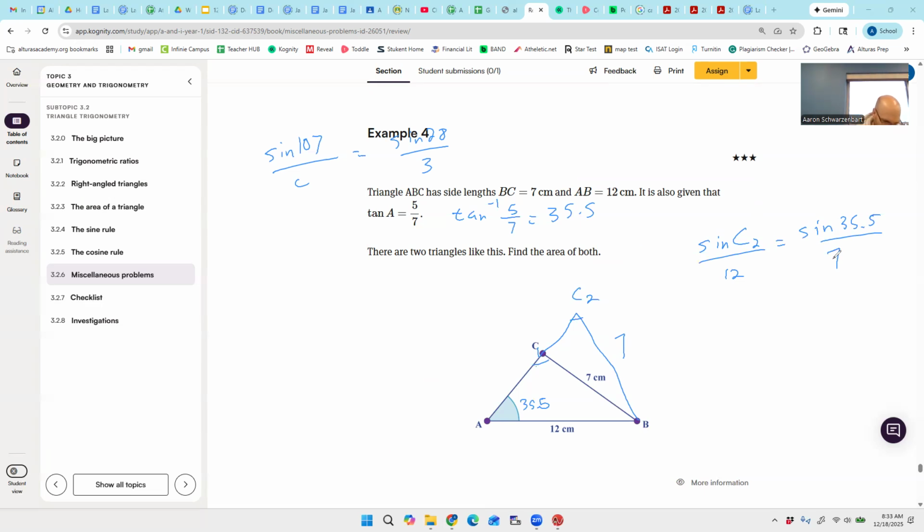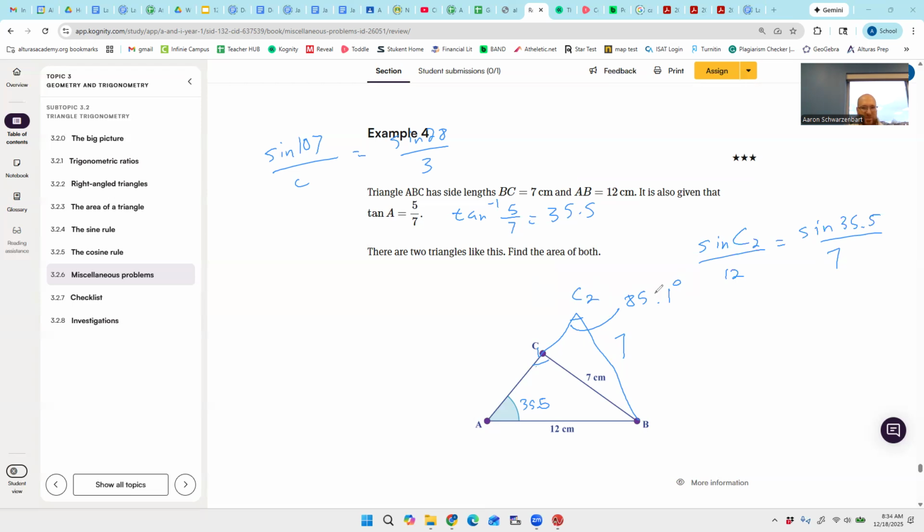And because I'm supposed to keep using exact values, I'm going to store that value as A on the calculator. So this angle here is 85.1.